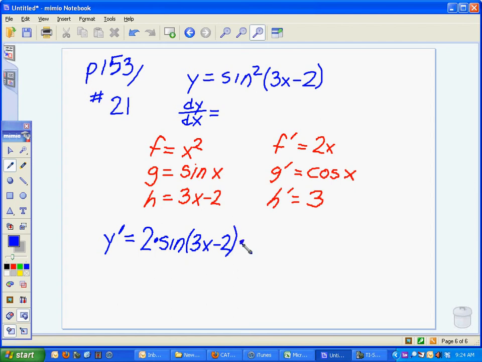Okay, the next thing we do in the chain rule is multiply by g prime. But it's not just g prime, it's g prime of h. And now we have to multiply it by h prime.